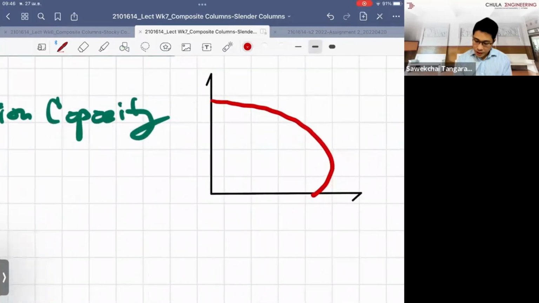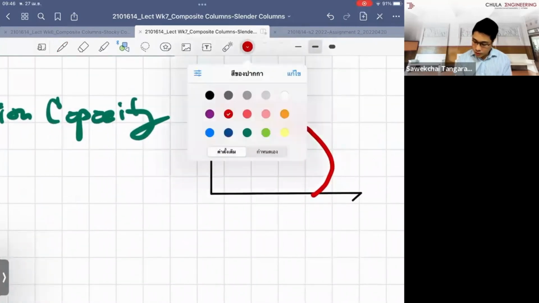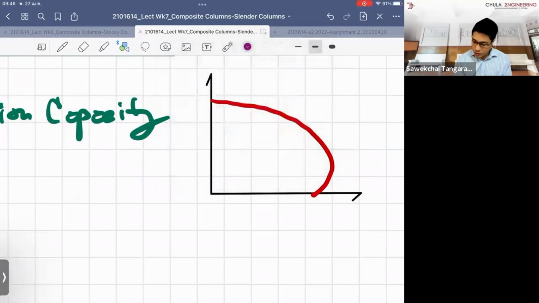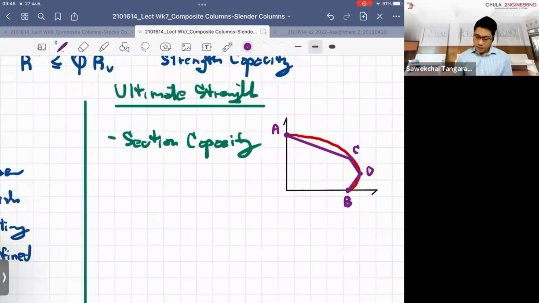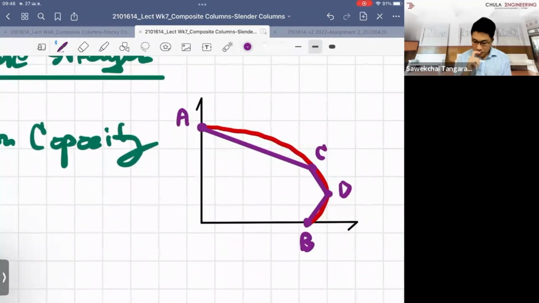In some codes, they also say you can simplify them by taking just four points and simply connecting the lines between these four points, A, B, C, and D. We call this the interaction diagram.